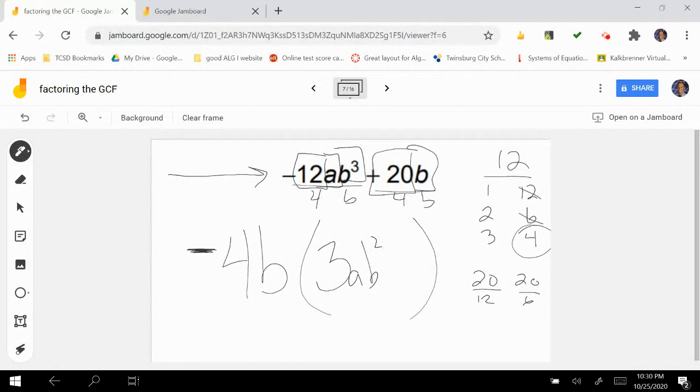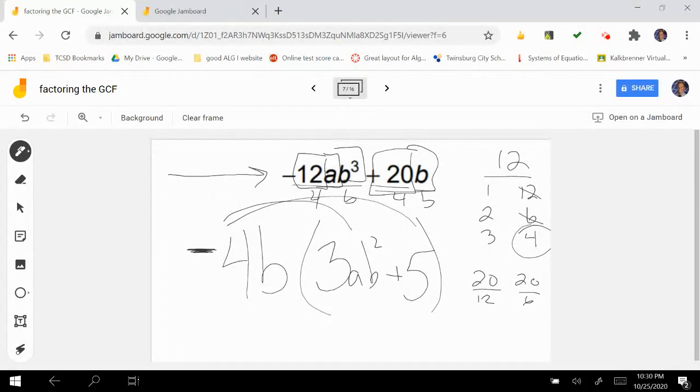And then positive, let me just erase this so I can give myself a little bit more room. What's left here? Positive 5. And that's it. Because 20 divided by 4 is 5. B divided by B is nothing. There's 1, I should say. So now I can check this again by distributing.